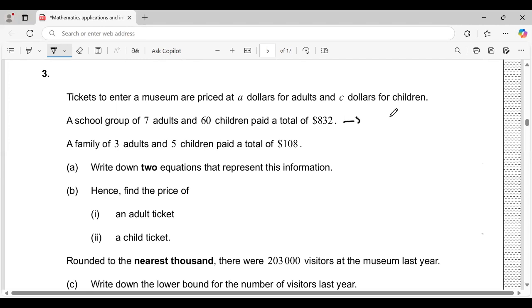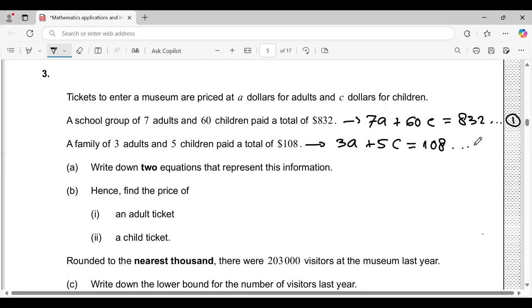The first equation is 7a plus 60c equals 832. The second equation is 3a plus 5c equals 108.